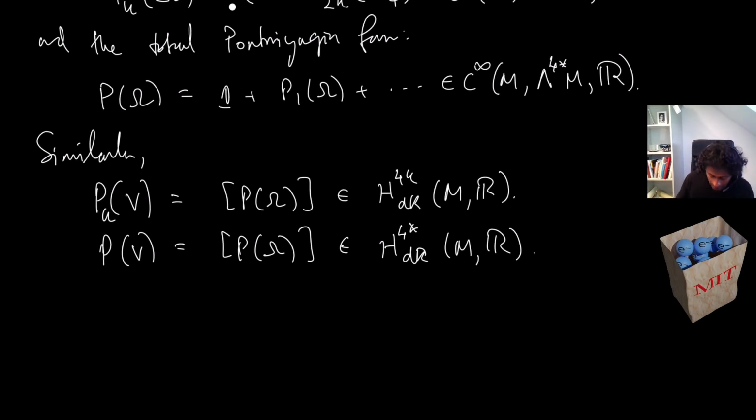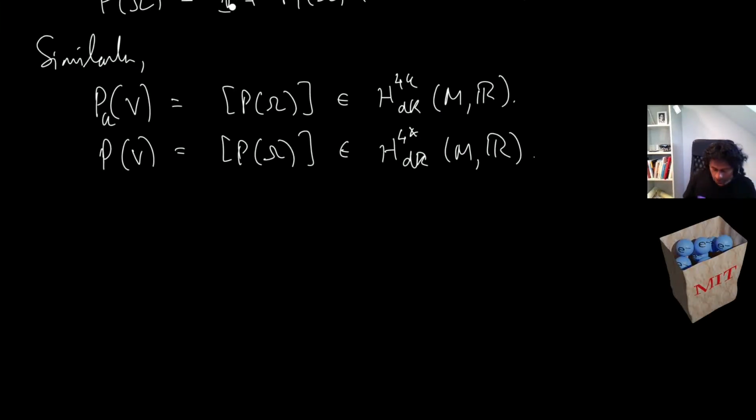So now the Pontryagin forms are really going to be the crucial objects for us. That's going to connect the index theorem to geometric quantities.